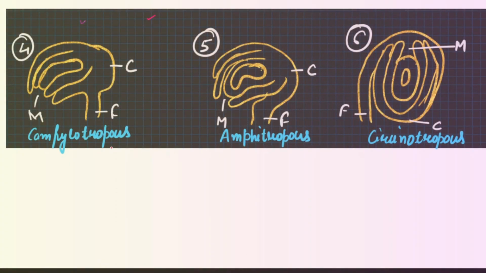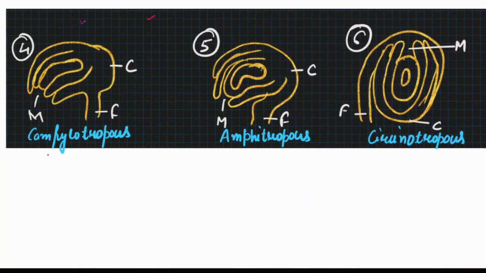Now, the fourth type of ovule is campylotropous. In some of your textbooks the spelling is written with an I in place of Y, but some books have the Y. Now, what is a campylotropous ovule?